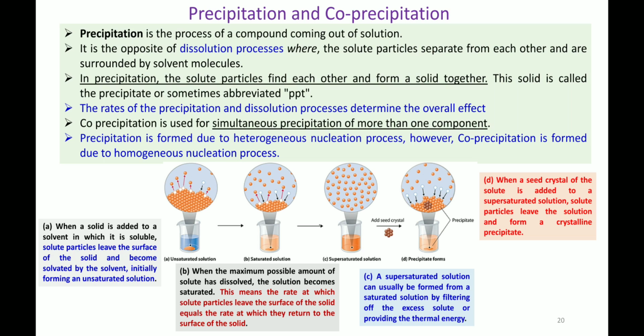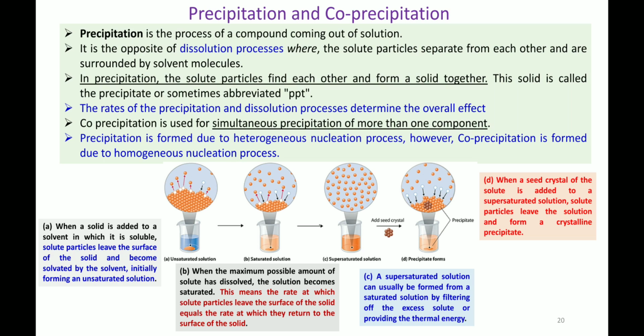So let us try to understand how you are able to prepare the nanomaterials by using this precipitation method. What is precipitation? Precipitation is the process of a compound coming out of solution.